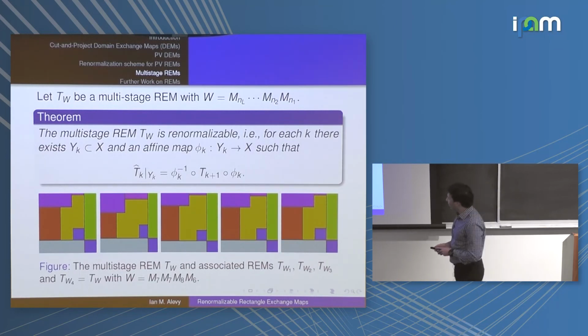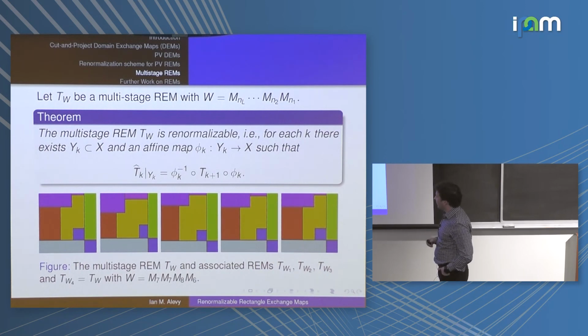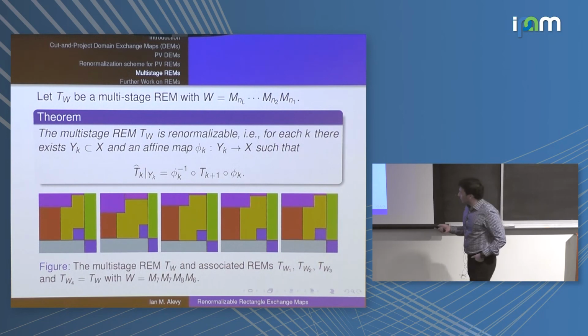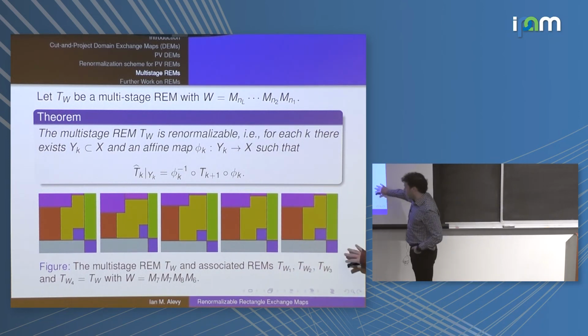And the theorem is that if you take a multistage REM TW, then it's renormalizable. And the first return map can be computed by just taking one step of this new dynamical system, TK plus 1. So it's a little easier to understand with this picture here.